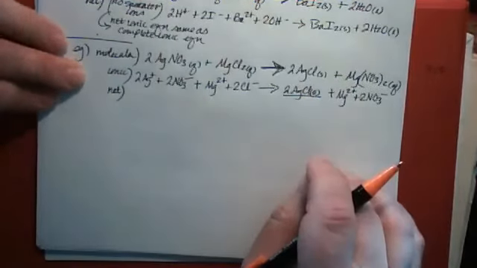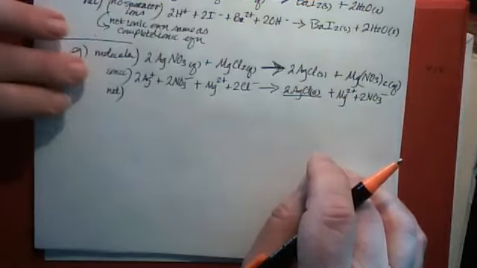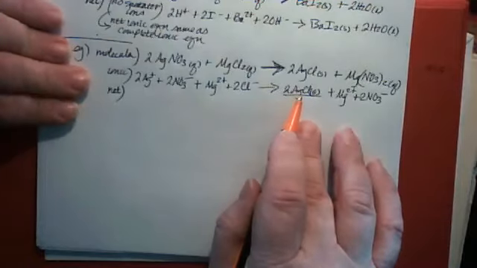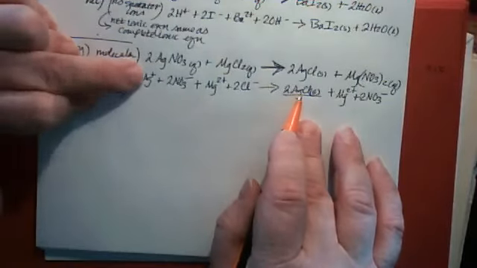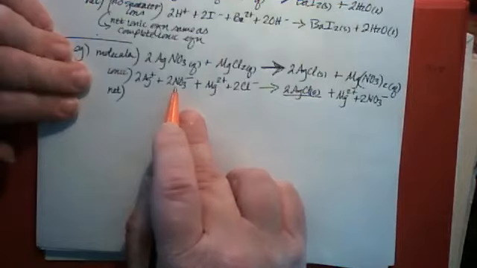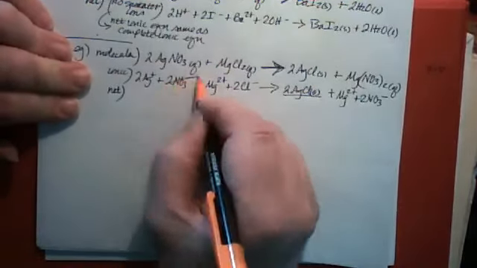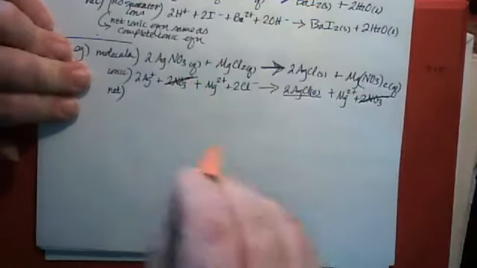Now to do the net ionic equation, you just have to go through and eliminate the spectator ions. Silver ions come out as part of silver chloride, so they're not spectator ions, they have to stay. Nitrate ions, 2 of them, come out as 2 nitrate ions, so they are spectator ions and they can go.